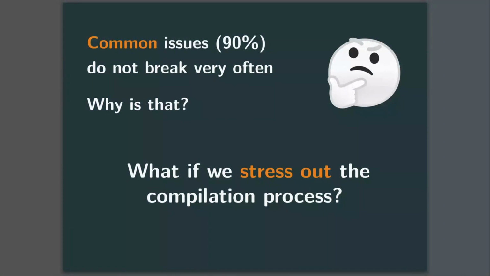To answer this question, we tried to stress the compilation process, for instance, by increasing the optimization levels of compilers, using O3, or using LTO, so link-time optimization, which allows the compiler to perform more optimization with a better knowledge of the whole application.